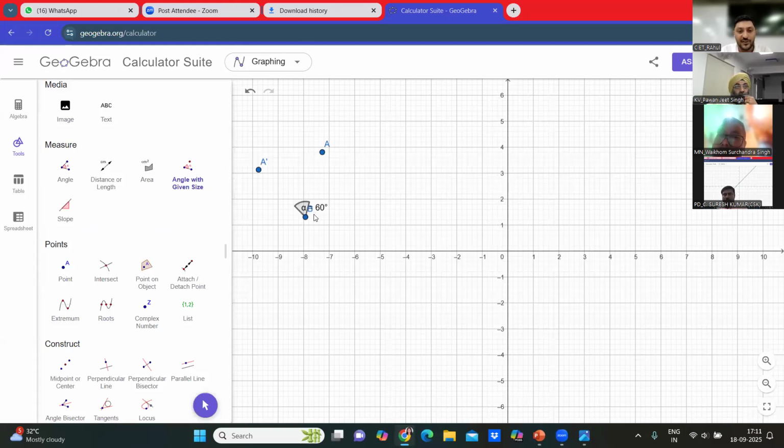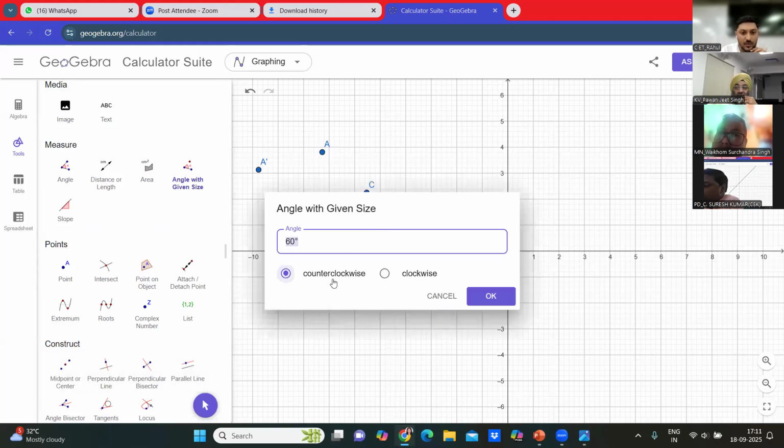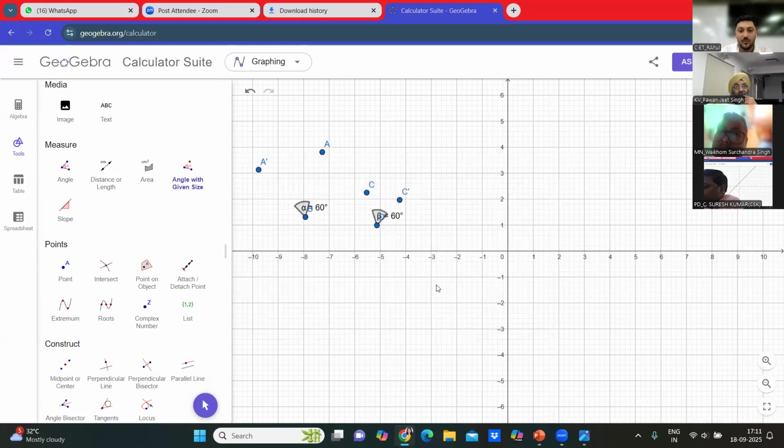We found a 60-degree angle, and if we want a clockwise 60-degree angle, we click clockwise. Alpha is 60-degree anti-clockwise, and beta is 60-degree clockwise.